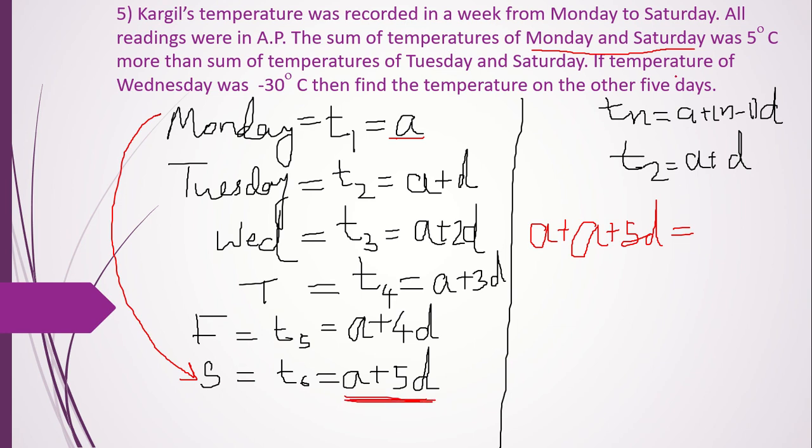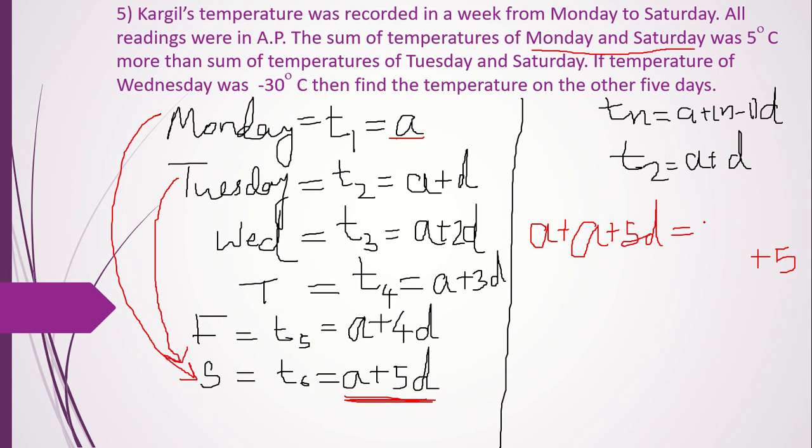The sum of the temperature of Monday and Saturday was 5 degree more than the sum of the temperature of Tuesday and Saturday.